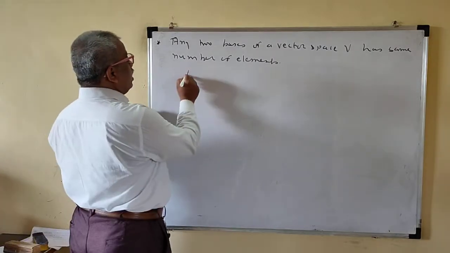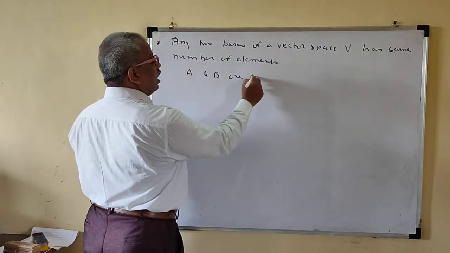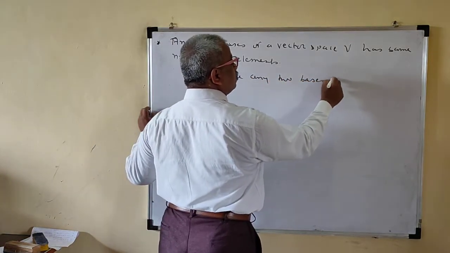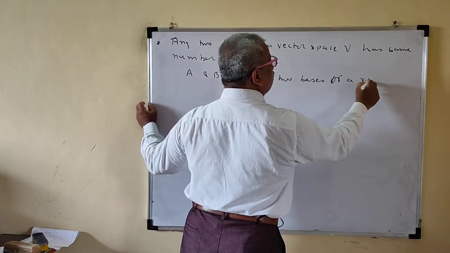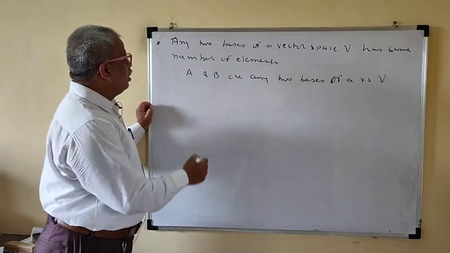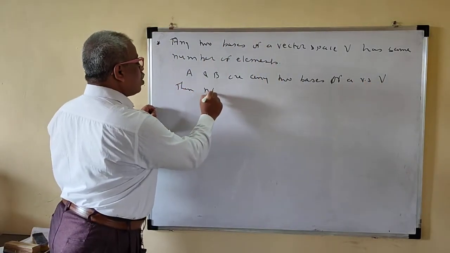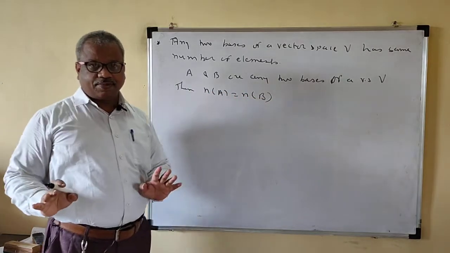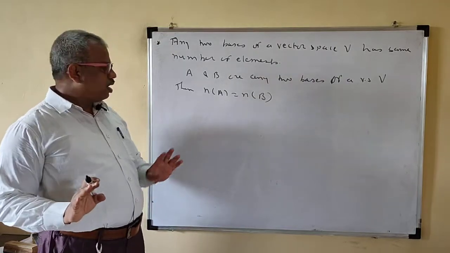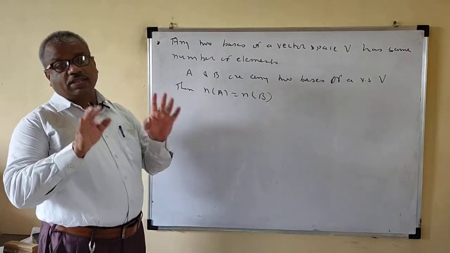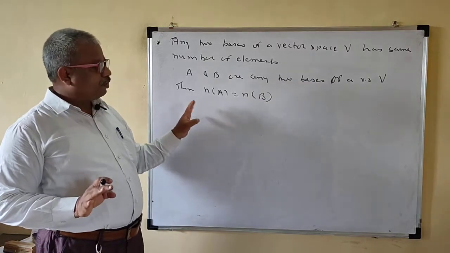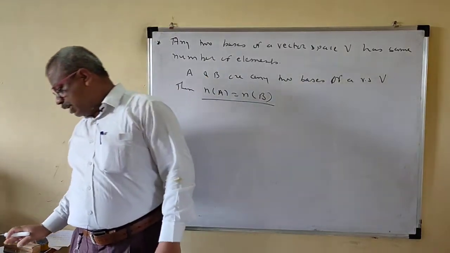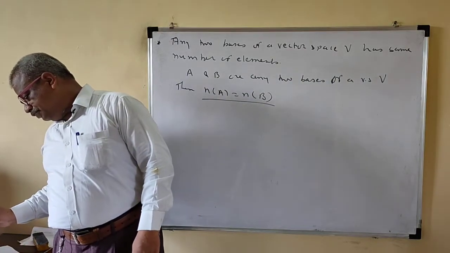If A and B are any two bases of a vector space V, then the number of elements in A is the same as the number of elements in B. Vectors may or may not be the same, but the count is the same. This is a very important result.